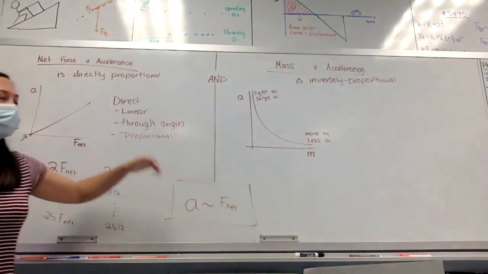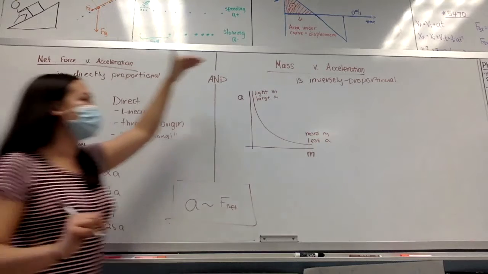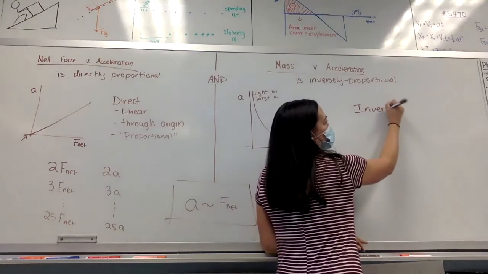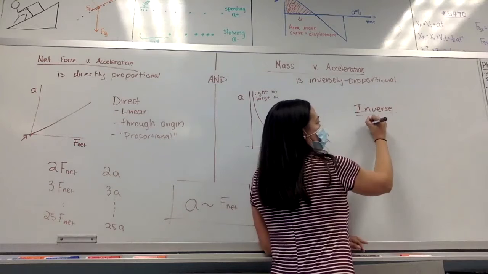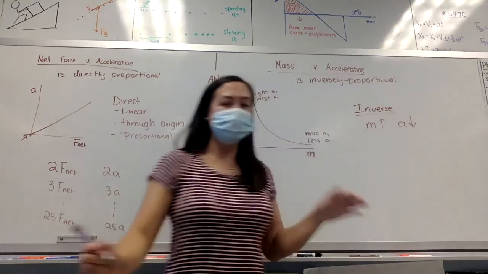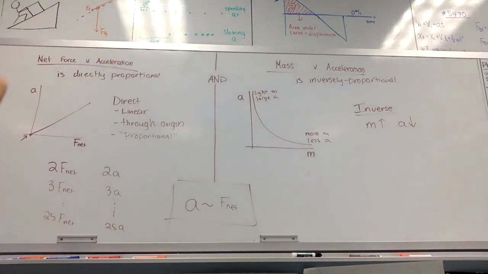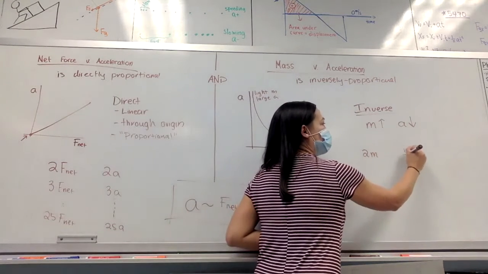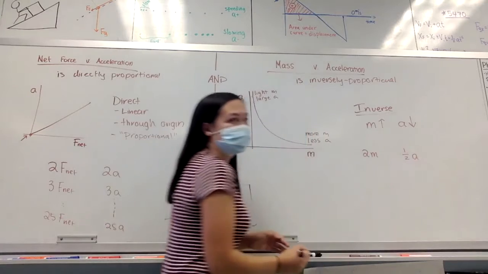Luckily, this equation only has one name. It's just inverse. And what an inverse relationship means is that if mass increases, acceleration decreases. Right? The proportions for this means if you double the mass, you get 1/2 of the acceleration.